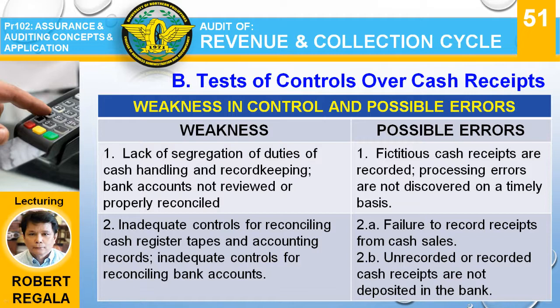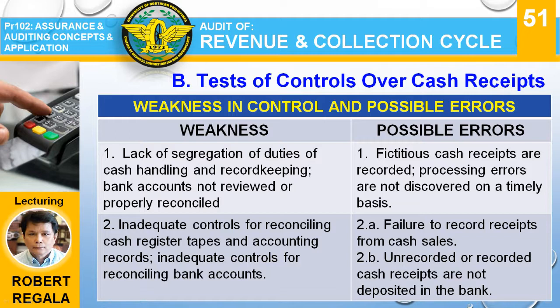This could possibly lead to fictitious cash receipts being recorded, and processing errors, intentional or unintentional, not being discovered on a timely basis. Cash receipts are overstated on the books by transferring cash between accounts without appropriate recording of the transfer to cover up an embezzlement of cash.